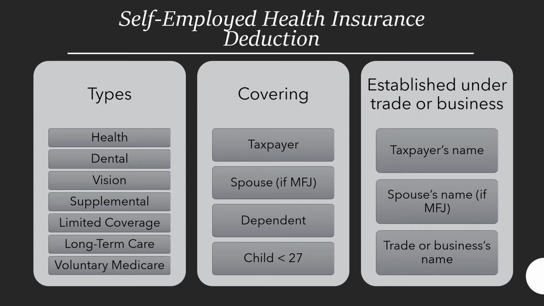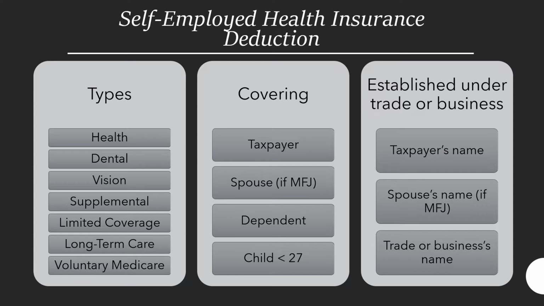It could be a supplemental insurance plan, a limited coverage insurance plan. It could be for long-term care, although there are some extra limits to that, and we'll go over those a little bit more in, again, the itemized deduction lesson. And it could also be for voluntary Medicare payments.